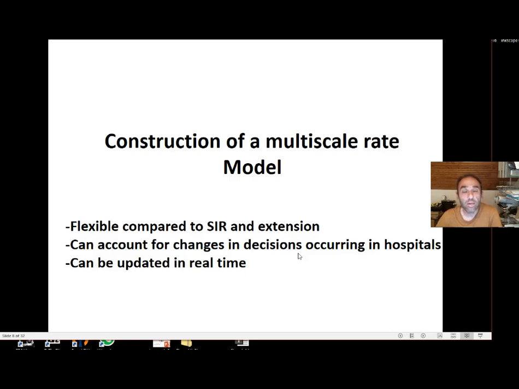This has a large impact on the evolution of the different parameters, such as the number of people in ICU and hospitalized. The present model can be updated in real time and can be used to predict, in an exponential phase situation, how to change policy in order to keep control of the evolution of the pandemic so that we don't get ICU and hospitals saturated.